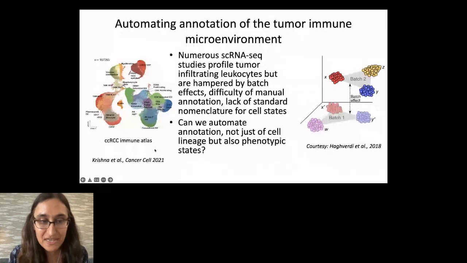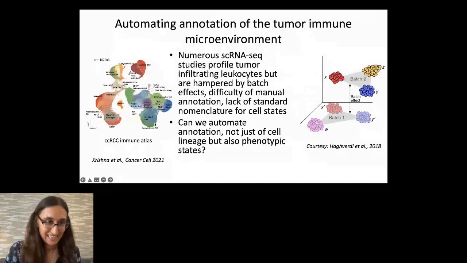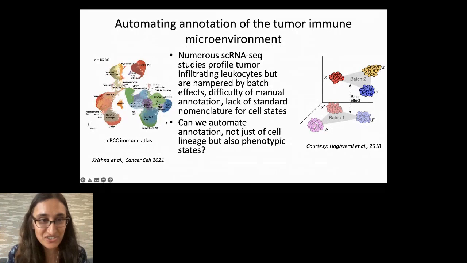One collaborative study we did with Ari Hakimi and Tim Chan was an atlas of the tumor immune microenvironment in clear cell renal cell carcinoma, which was published last year. And you can see an atlas of 160,000 cells, and the lymphoid cells are here, the myeloid are here. You have some cancer cells and some stromal cells, and this nice annotation of interesting cell states.